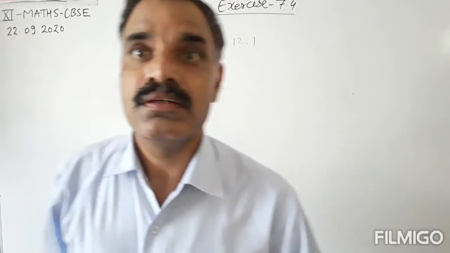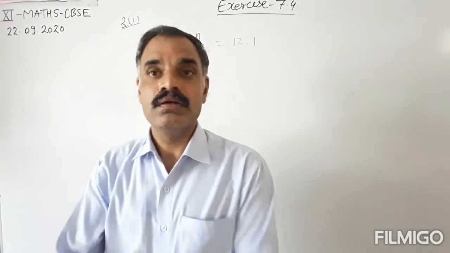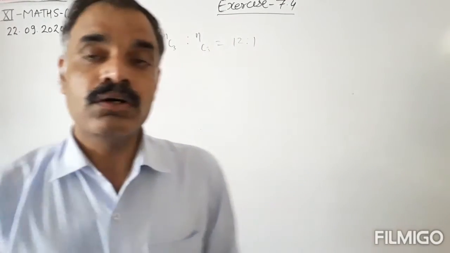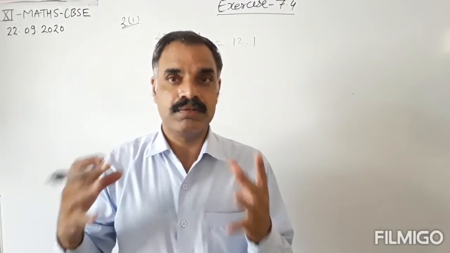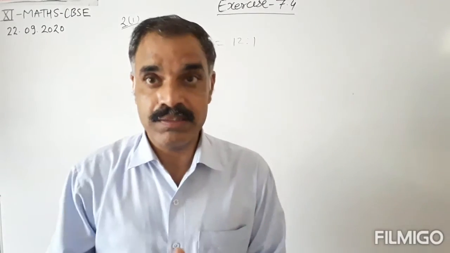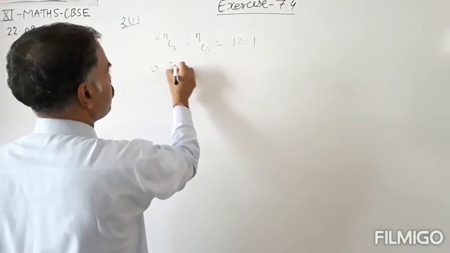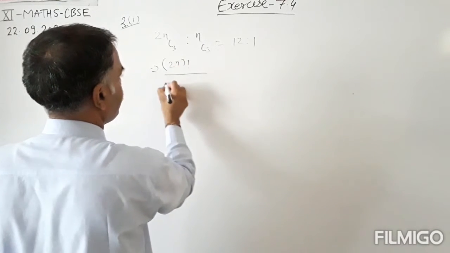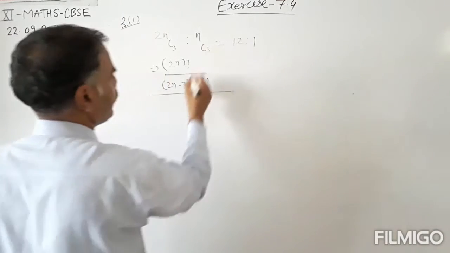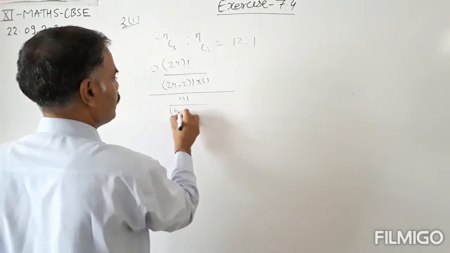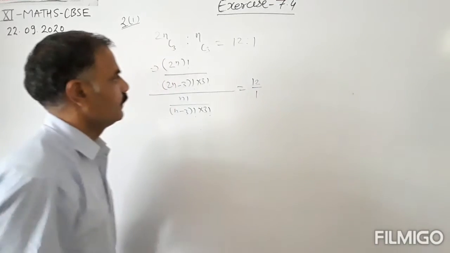We just have to expand nCr and then calculate it. So 2nC3 is 2n factorial divided by (2n minus 3) factorial into 3 factorial, divided by nC3, which is n factorial upon (n minus 3) factorial into 3 factorial, equals 12 upon 1.